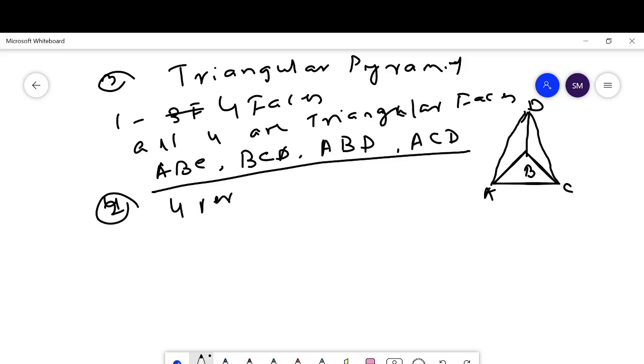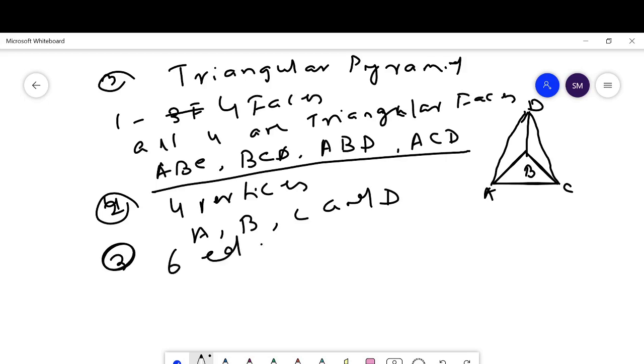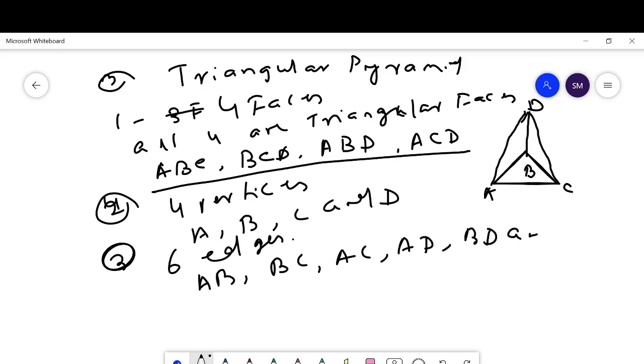Four vertices: A, B, C, and D. Then how many edges are there? Six edges. The edges are A, B, B, C, A, C, A, D, B, D, and C, D, the six edges of the triangular pyramid.